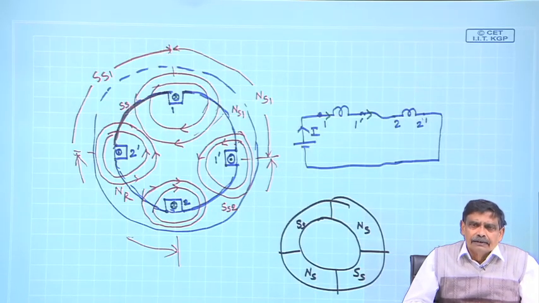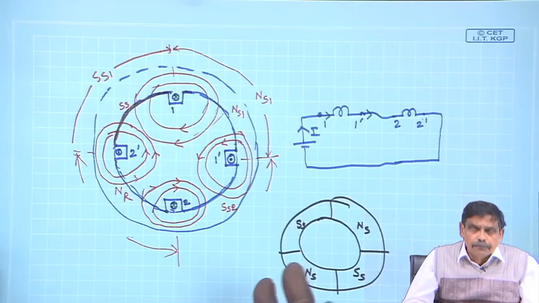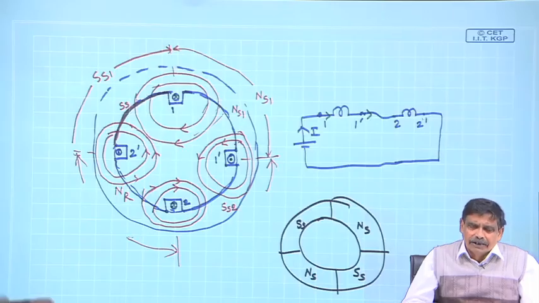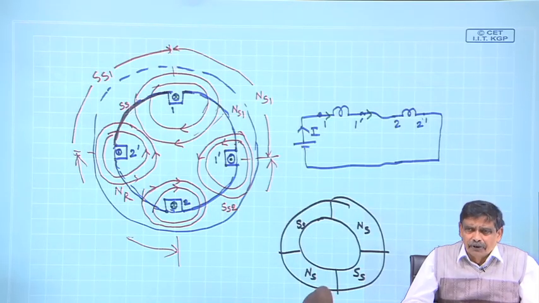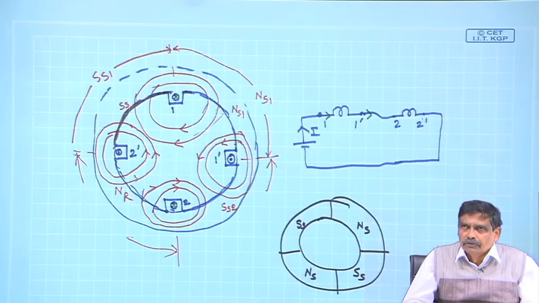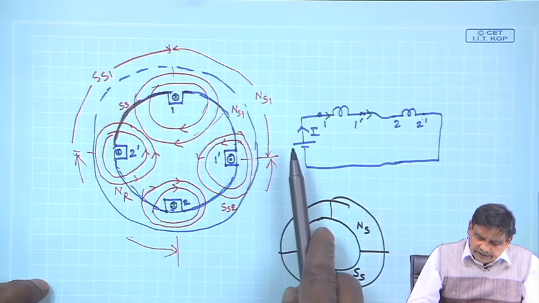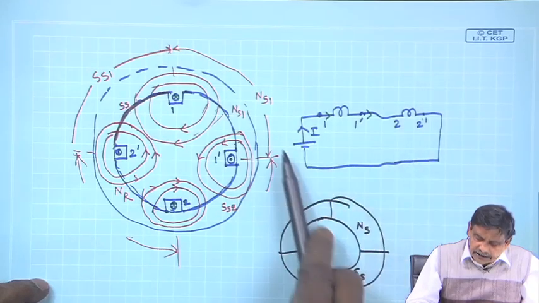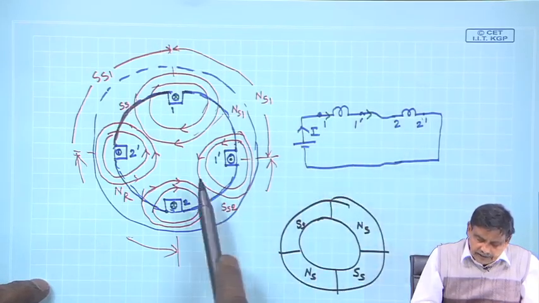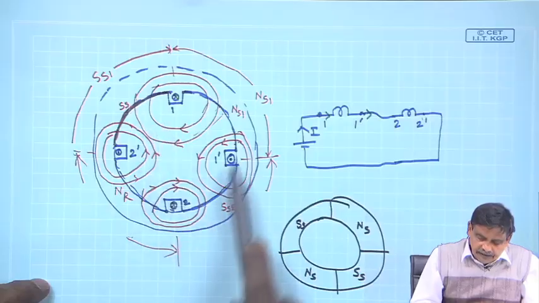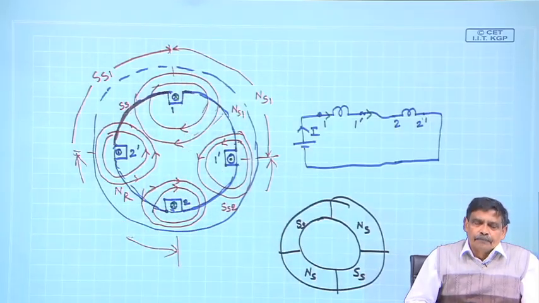You excite those coils by direct, constant current to examine how many poles are produced. If it is a time varying current, it is the same thing: at any given point of time it will produce 4 poles.